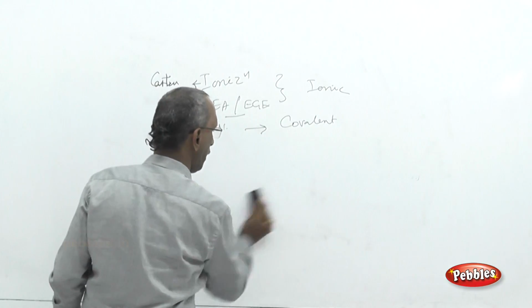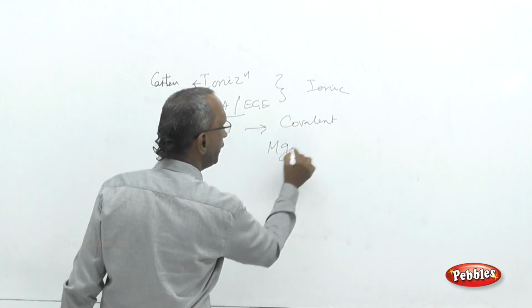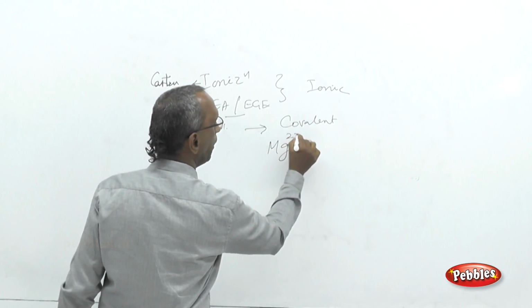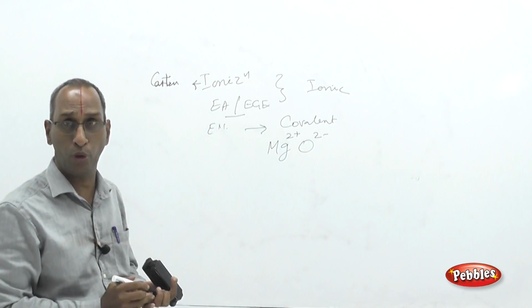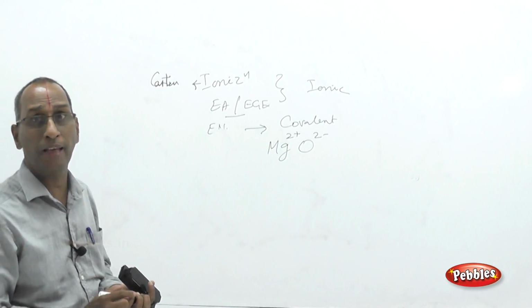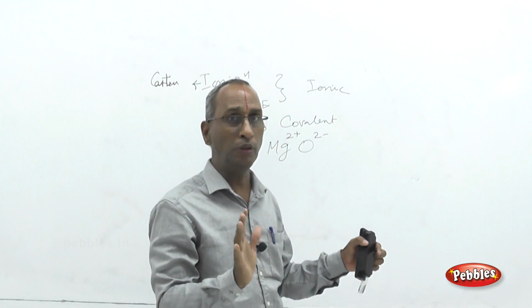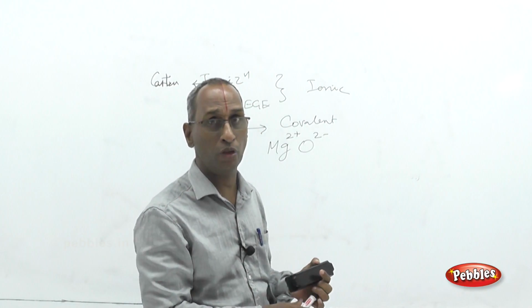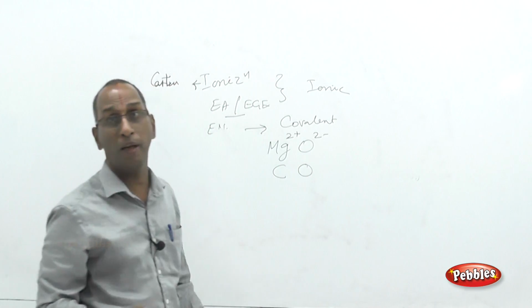That is why even some oxides are ionic. Magnesium oxide is ionic, meaning Mg2+ and O2-. Magnesium can lose 2 electrons, oxygen can gain 2 electrons, so it readily forms an ionic compound conveniently. But carbon and oxygen form a covalent compound.